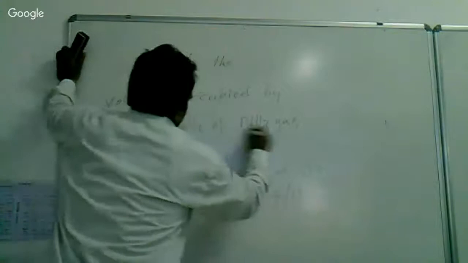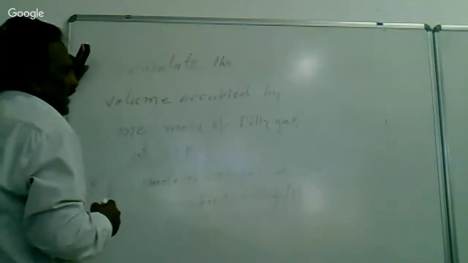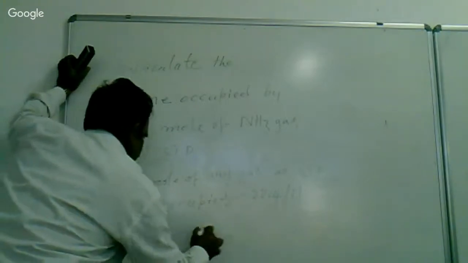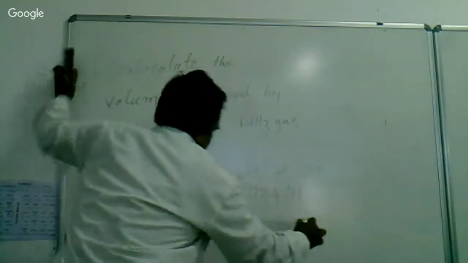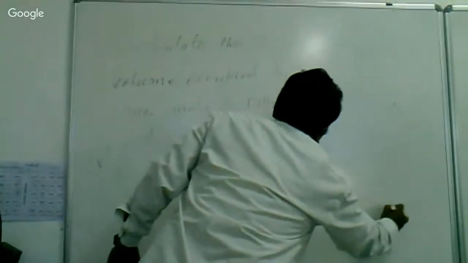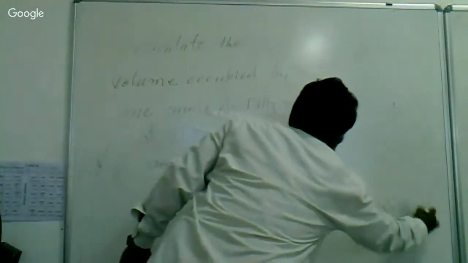And now, for ammonia, we have to see the molecular weight. NH3 molecular weight is equal to 17. Therefore, 17 grams of NH3 is equal to 1 mole of ammonia.